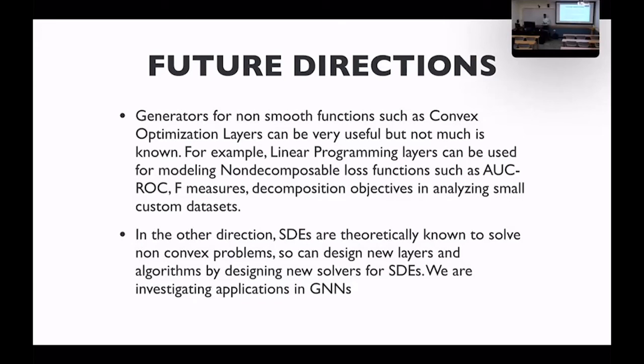That's something I'm interested in. And the other part is SDEs, a topic that keeps giving more and more interesting problems. So I'm trying to design new layers of networks to solve convex problems, even in non-convex ways. We're also investigating some applications.